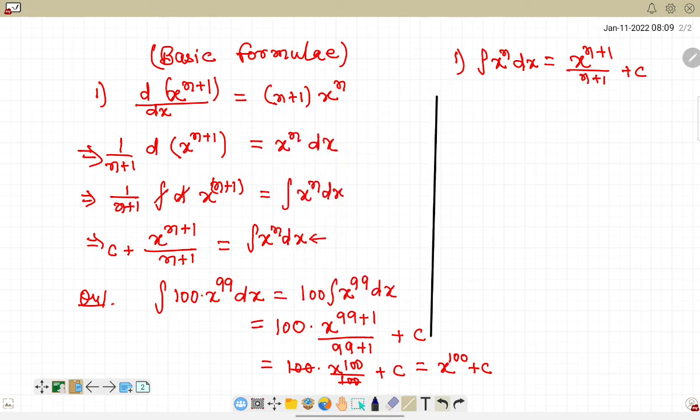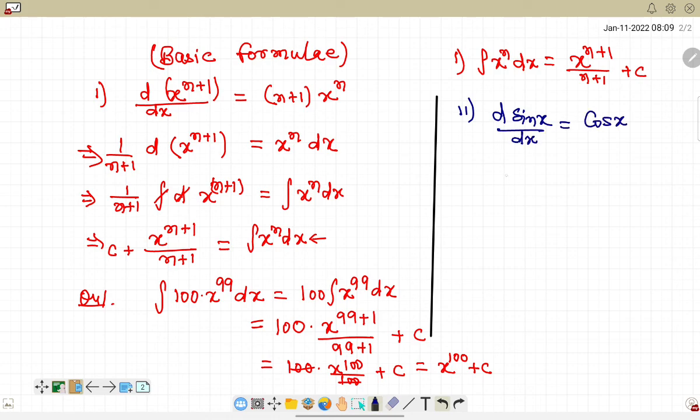Okay. Second formula, you can check: differentiation of sin x is equal to cos x. I have already discussed this one. Differentiation of sin x with respect to x is equal to cos x.